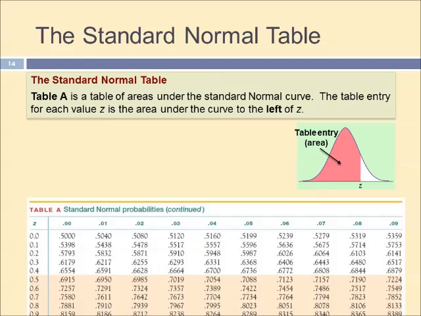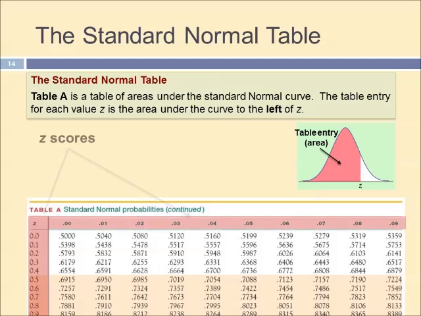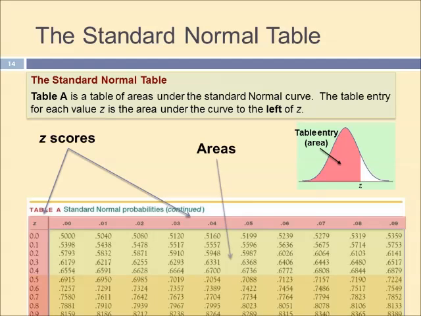So in other words, from negative infinity up to whatever the z value is. The table always gives that value. The z-scores on the table are listed along the top and down the side, and the areas are given in the body of the table.